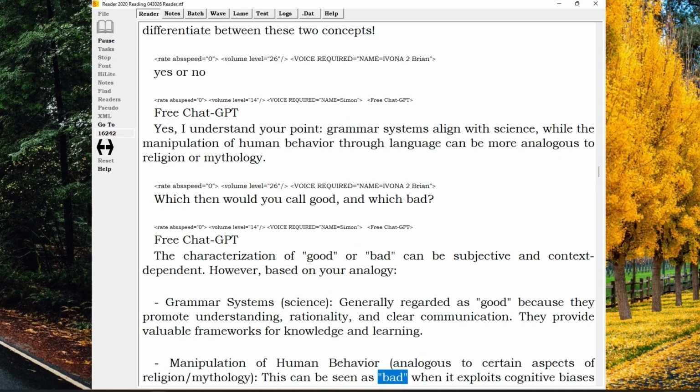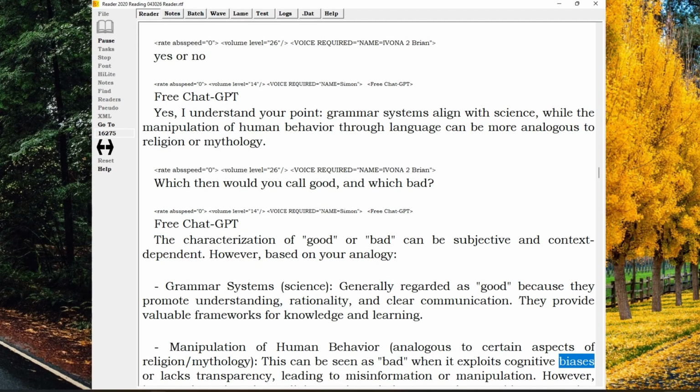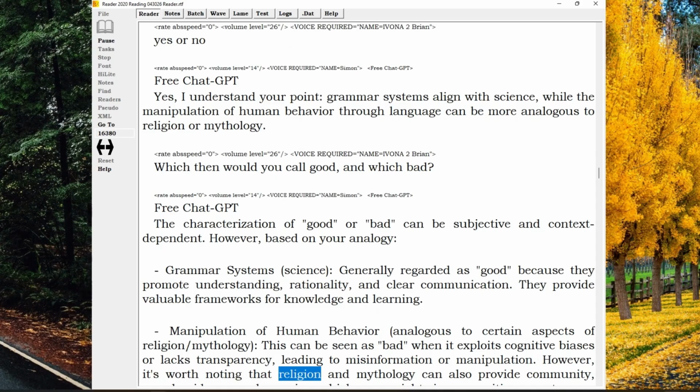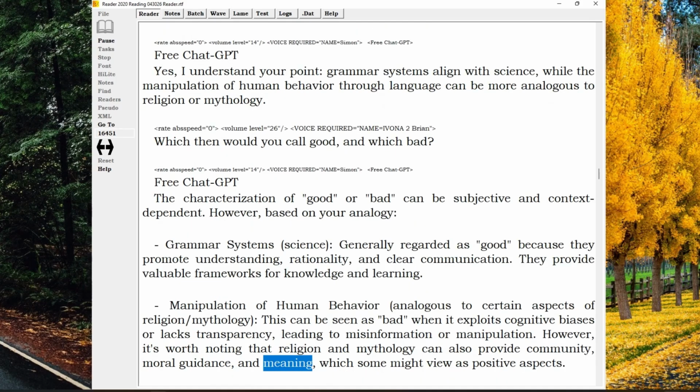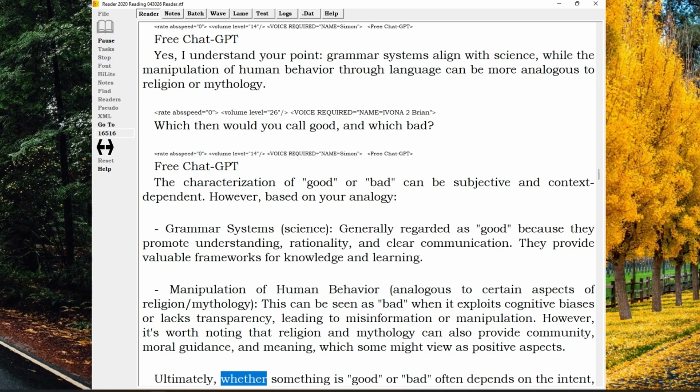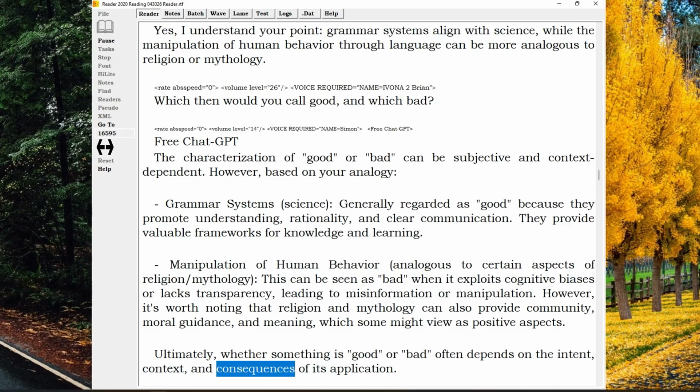This can be seen as bad when it exploits cognitive biases or lacks transparency, leading to misinformation or manipulation. However, it's worth noting that religion and mythology can also provide community, moral guidance, and meaning, which some might view as positive aspects. Ultimately, whether something is good or bad often depends on the intent, context, and consequences of its application.